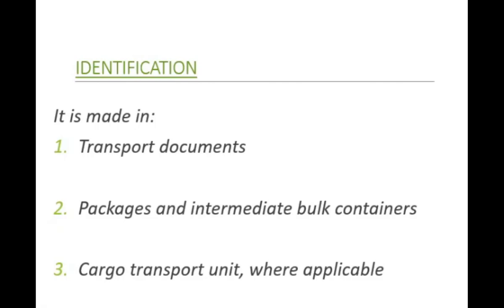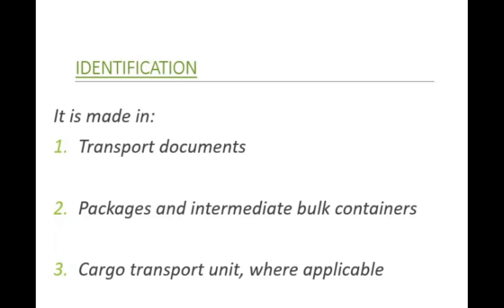You would identify dangerous goods in transport documents where they are clearly indicated. The transport documents on cargoes that are considered dangerous goods are clearly indicated in transport documents. That is the first way.